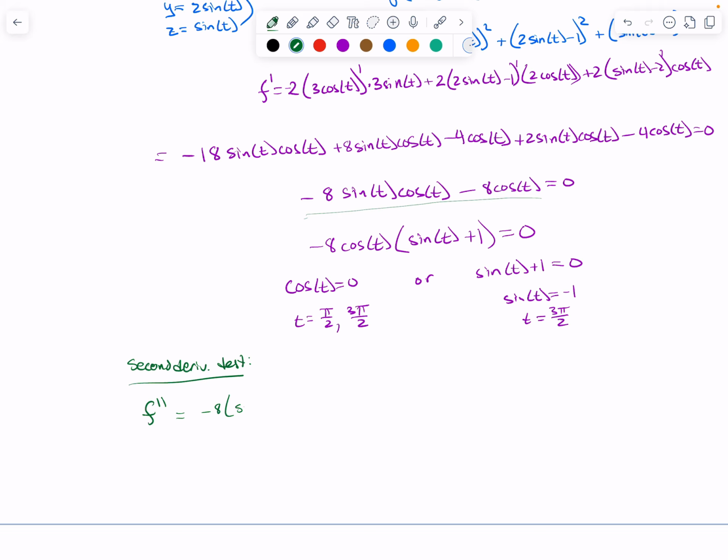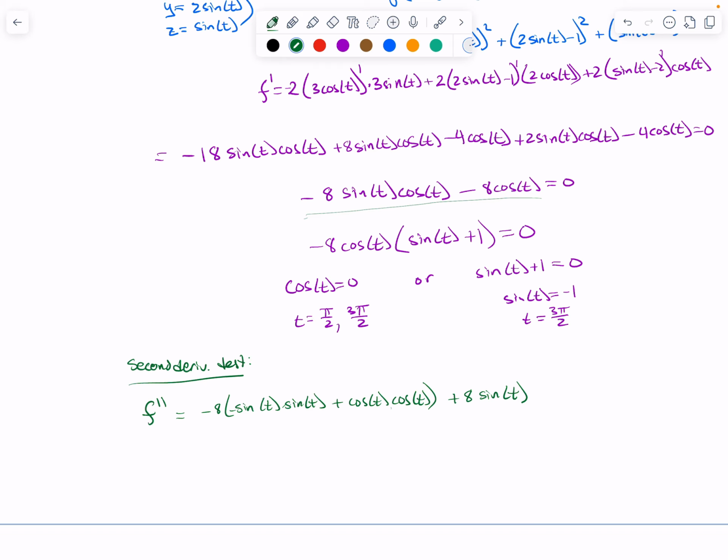So this will be sine of t times sine, negative, and then cosine of t, I believe that's right. So using the product rule there. And then this one is just 8 sine.